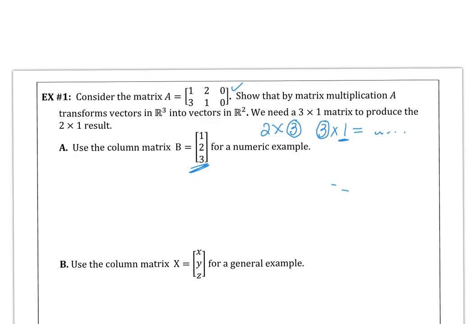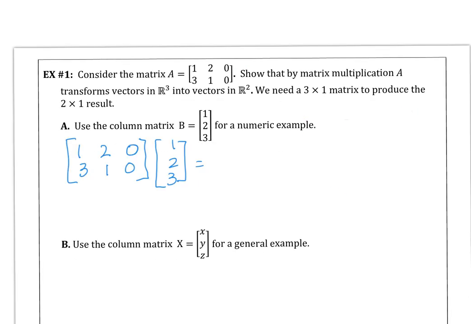So let's give that an exploration here in part A. Here we have matrix A times matrix B. Performing that matrix multiplication, we have 1 times 1, 2 times 2, and 0 times 3. And then we have 3 times 1, 1 times 2, and 0 times 3.